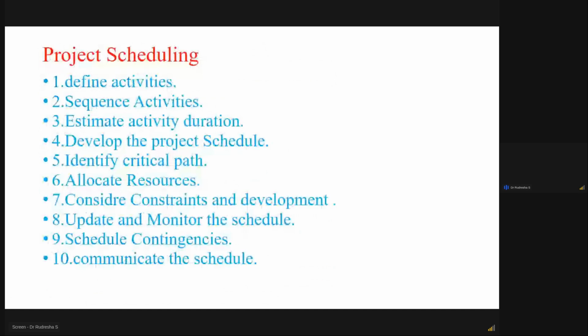Next, project scheduling. What is it about project scheduling? Define activities, sequence activities, estimate the activity duration, develop a project schedule, identify the critical path, allocate the resources, consider the constraints, update and monitor the schedule, contingencies, communicate the schedule.